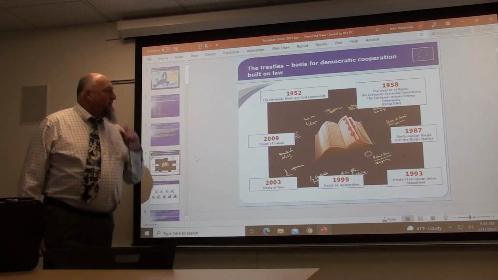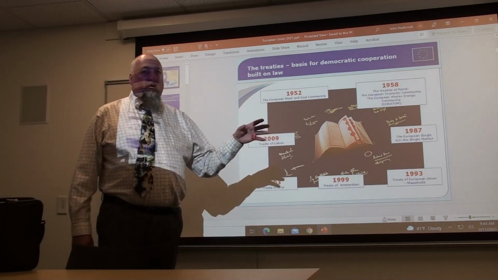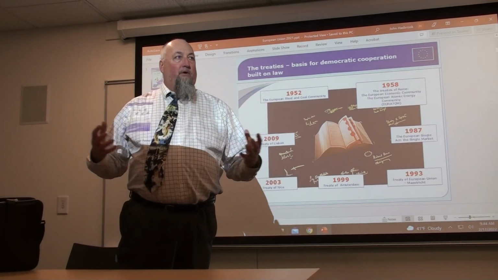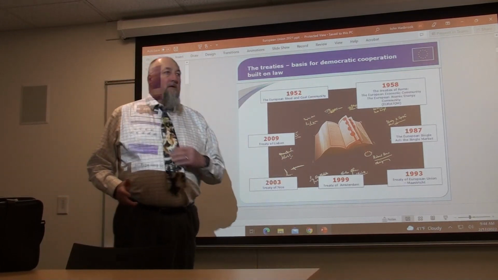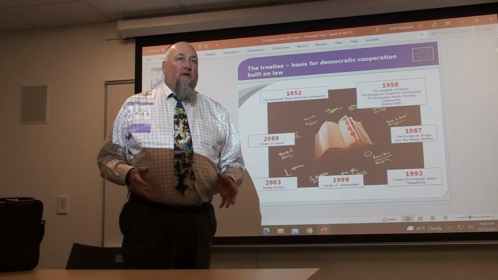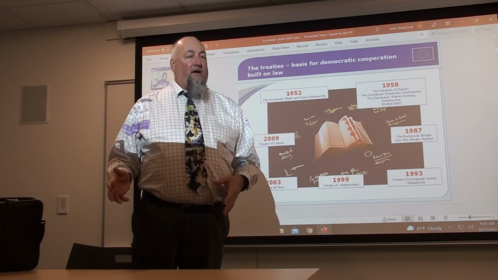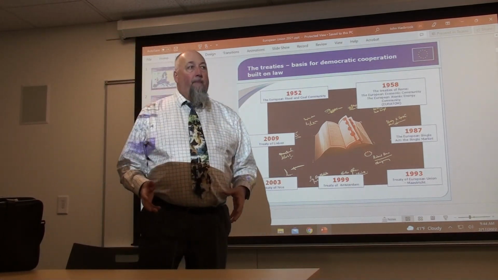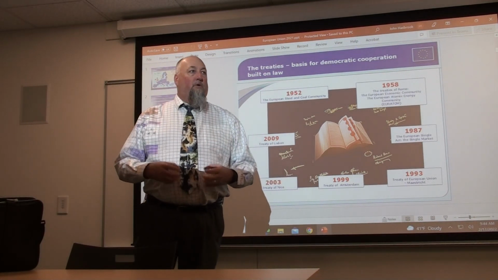Okay, so this next slide talks about the various treaties that over time led to what we now know as the European Union. And similar to the idea of the United Nations coming out of World War II, similar to the General Agreement on Tariffs and Trade, GATT, which was the foundational treaty that eventually led to the World Trade Organization, the idea of the European Union started post-World War II.